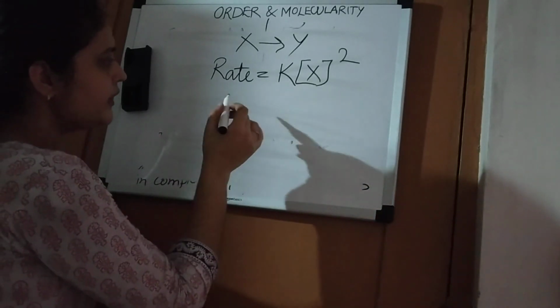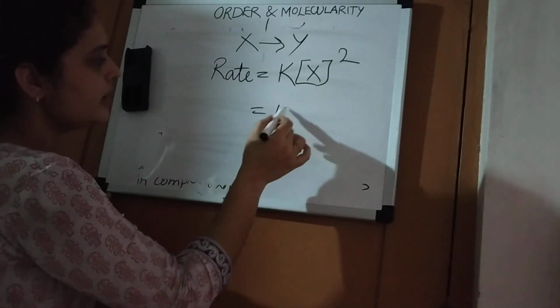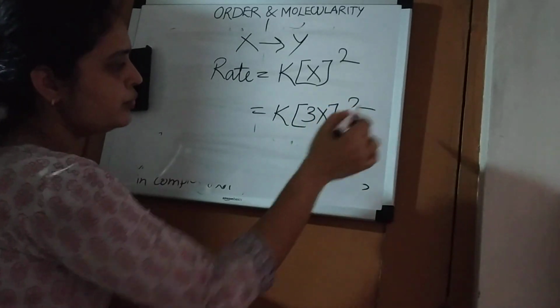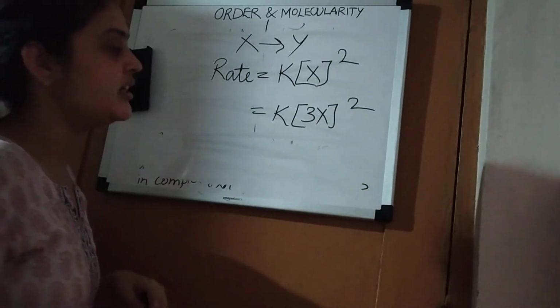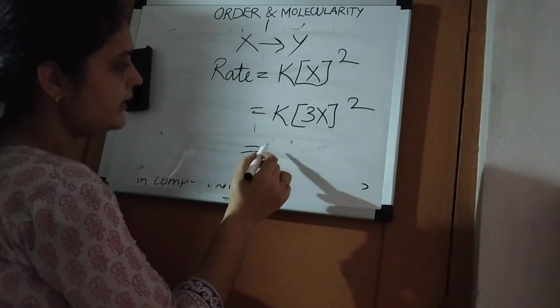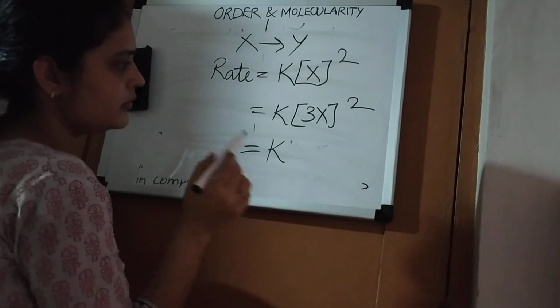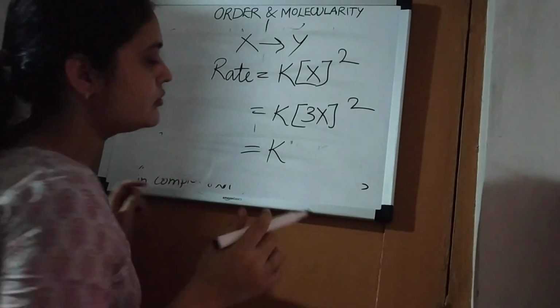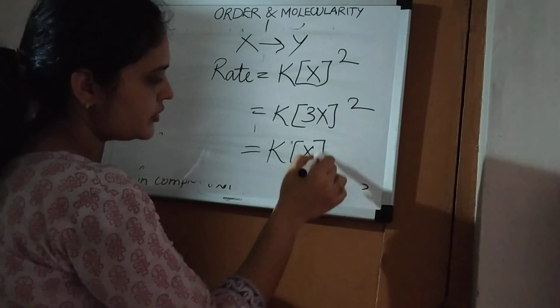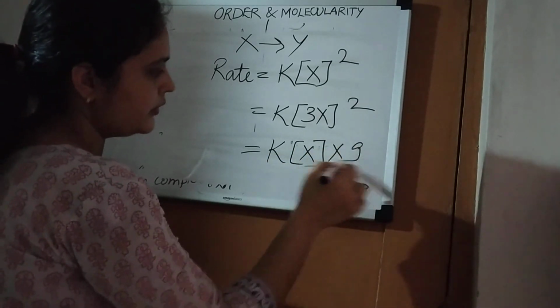So the new rate will be equal to k (3x) to the power 2, because x is increased by 3 times. Now 3 squared is 3 into 3, which equals 9. So this will be equal to k into x squared into 9.